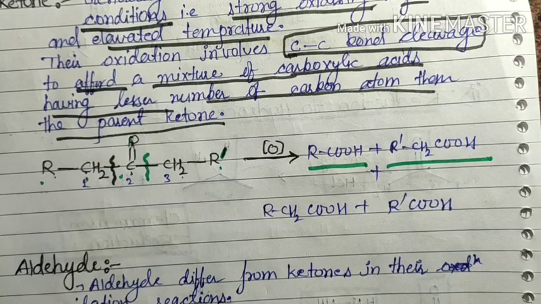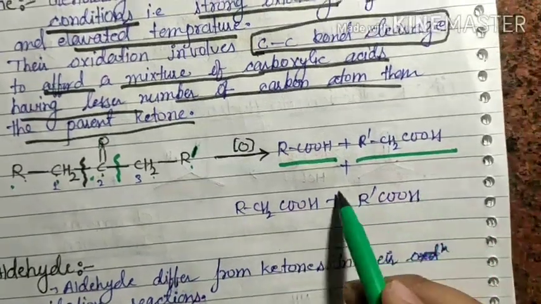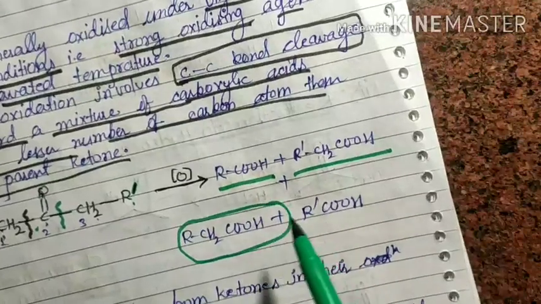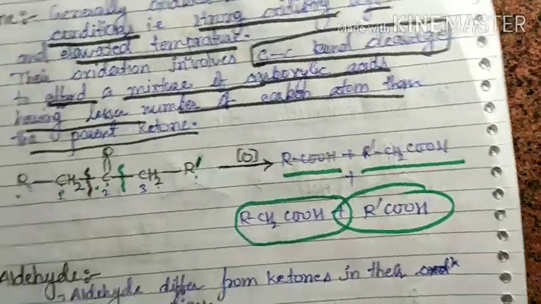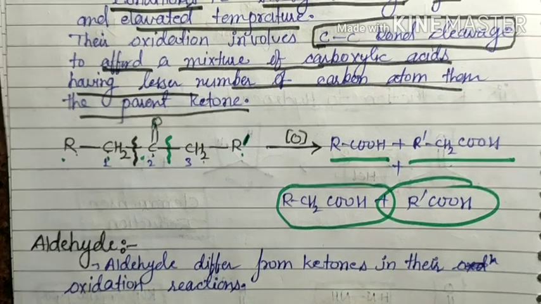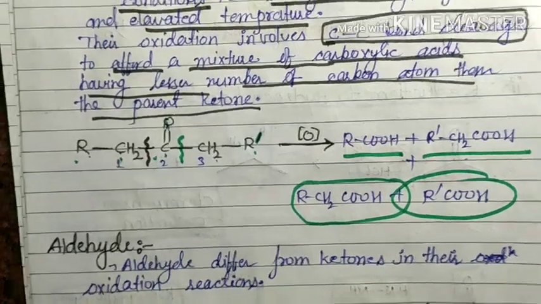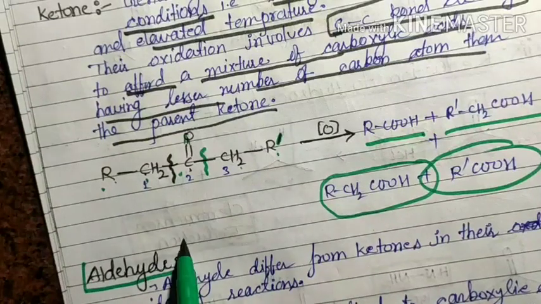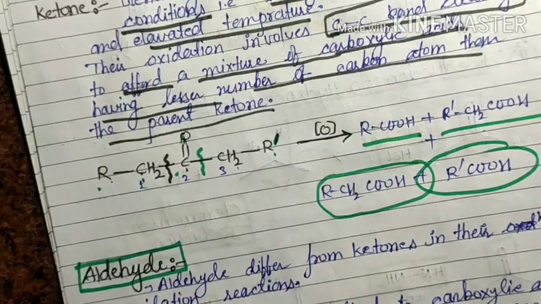Clear? So this is the condition where it gives a mixture of products. This is not a useful technique to prepare a carboxylic acid, just a discussion about the oxidation of ketone. But oxidation of aldehyde is more important, so listen carefully.